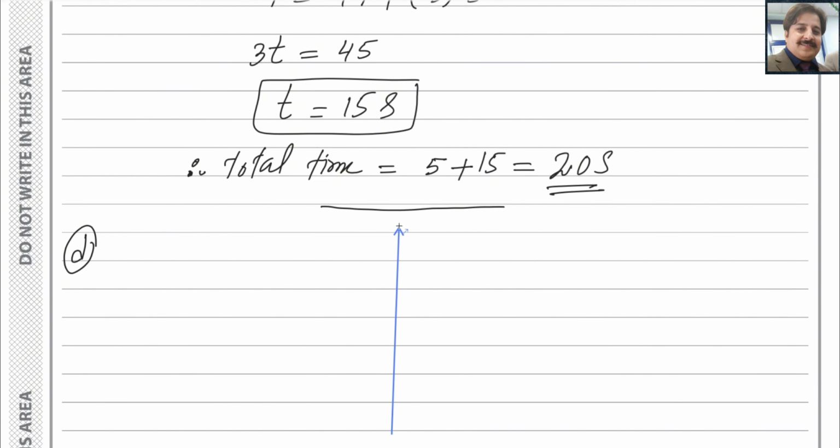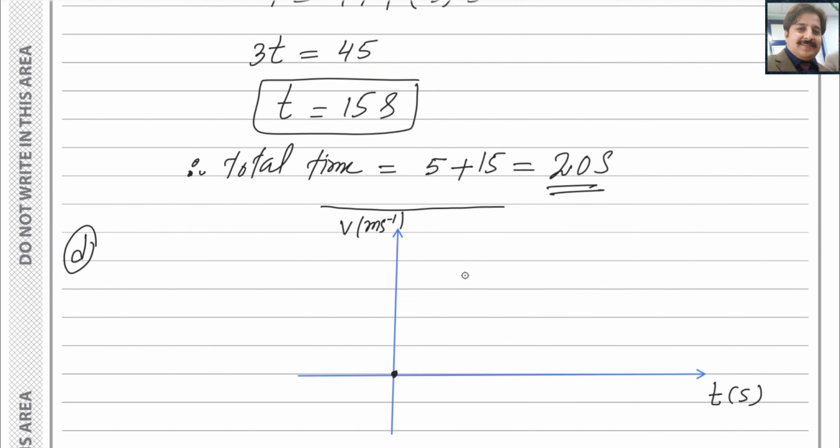This is the vertical axis, the y-axis, and here you can take the x-axis. Along the x-axis we are taking time in seconds, and along the y-axis we are taking speed in meters per second. Initially the speed of the box and parachute was 0, so you can consider this point. At point A the speed was 0.